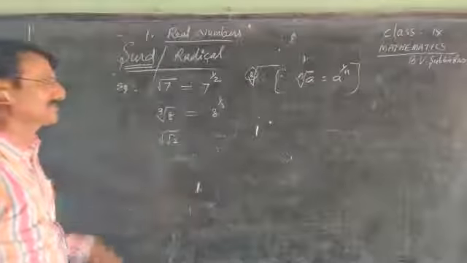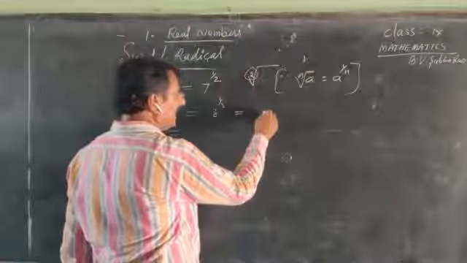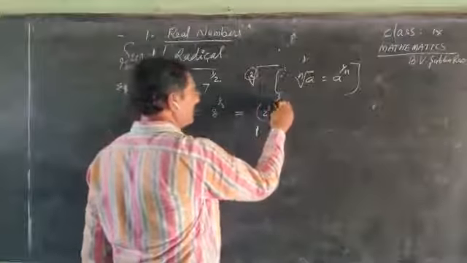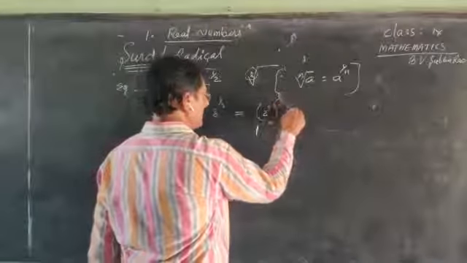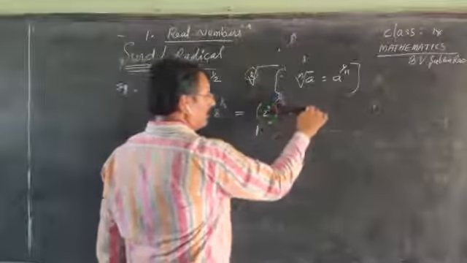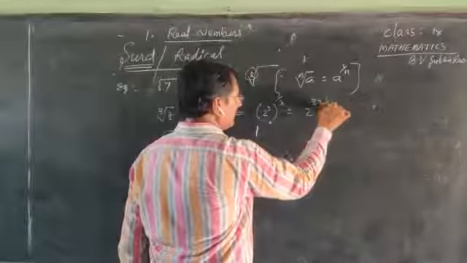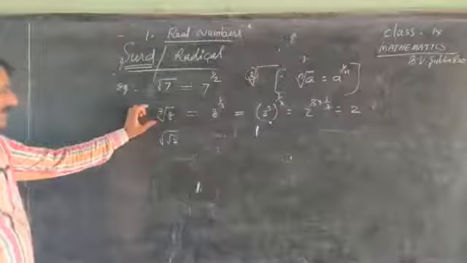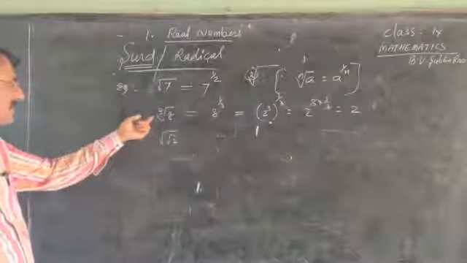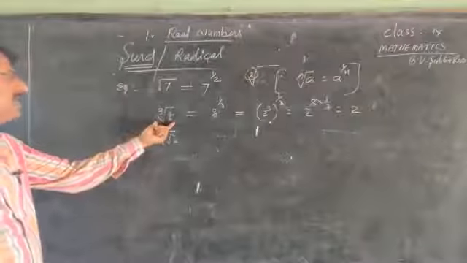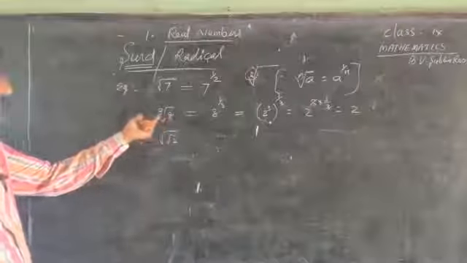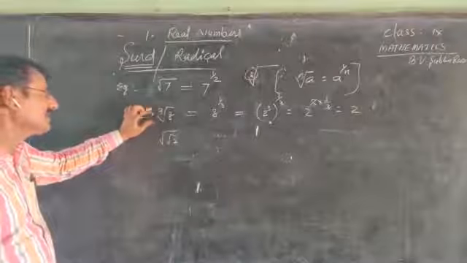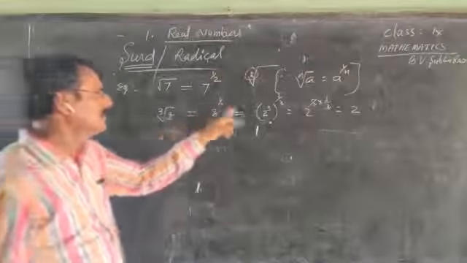We can simplify this one also. How to simplify? 8 can be written as 2 cube, that is 2 into 2 into 2, three times is 8. It is exactly like a to the power of m whole to the power of n. 2 to the power of 3 into 1 by 3 equals 2. When we observe this surd form, we think it is irrational, but after simplification we get 2.